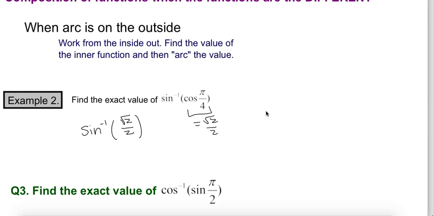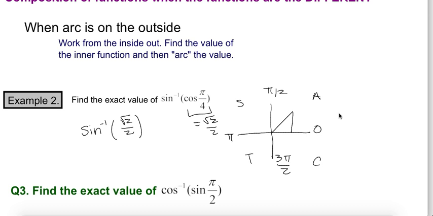So now we have to ask ourselves, where am I on the unit circle where my y value equals root 2 over 2? Well, I'm actually, my y value, so we have all stupid trig crap.